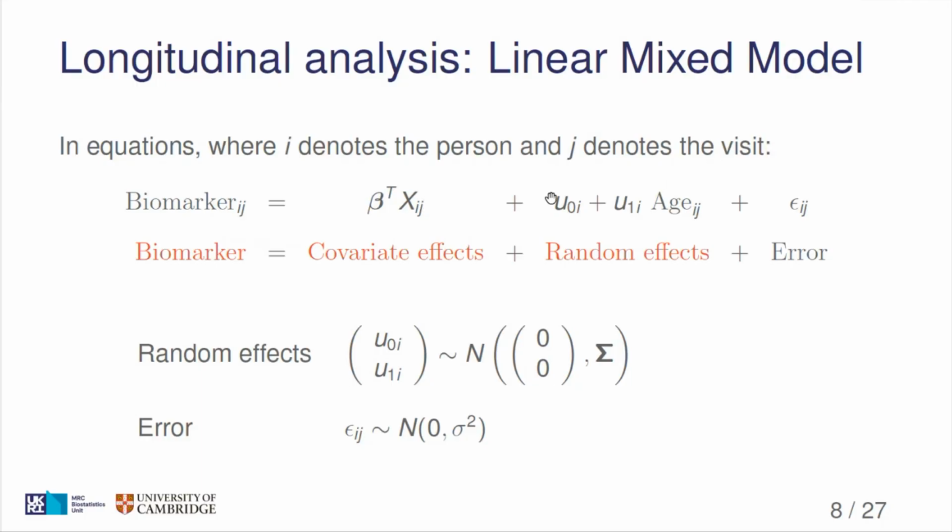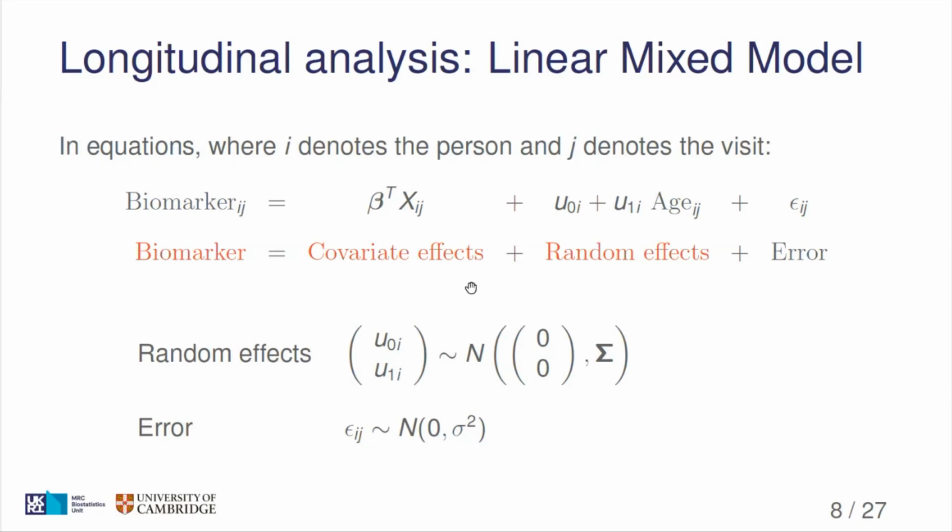But here we have the random effects. The random intercept has the index i, which shows that we have a different random effect for each individual. And U1i here is the random slope, so we're allowing a different effect of time for each individual.